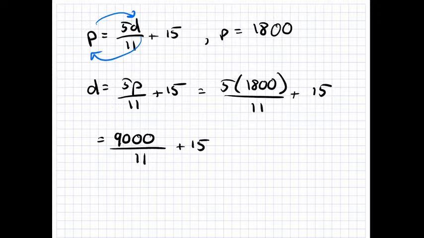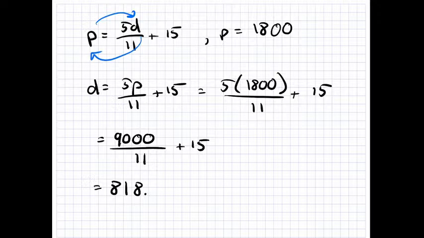I'm going to do this by hand. How many 11s are in 90? It's 88, so that's 8. You have a remainder of 2, so 20. Then that's a 1 with a remainder of 9. 90 has 88, which is 8 again, with a remainder of 2, so 20.